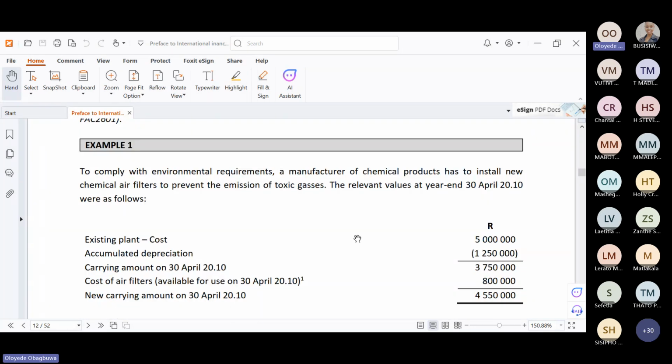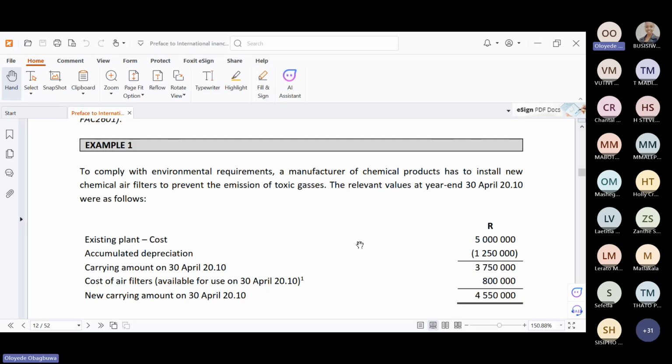Because of the importance of this, we cannot classify it as repair and maintenance, because normally when you buy a filter for a plant, a filter can just go as an expense to your P&L instead of capitalizing it.